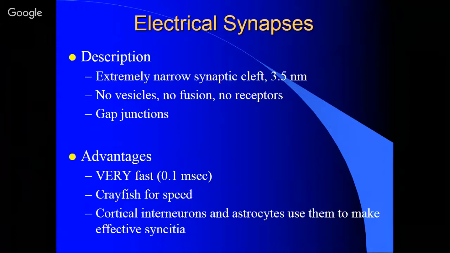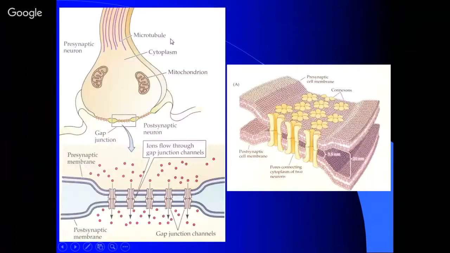You find them in the mammalian nervous system. First of all, cortical interneurons and cortical astrocytes use gap junctions, electrical synapses, to make syncytia. That is, the glia behave from many points of view as if they are a single organism, even though they're multicellular. And they do that through electrical synapses.